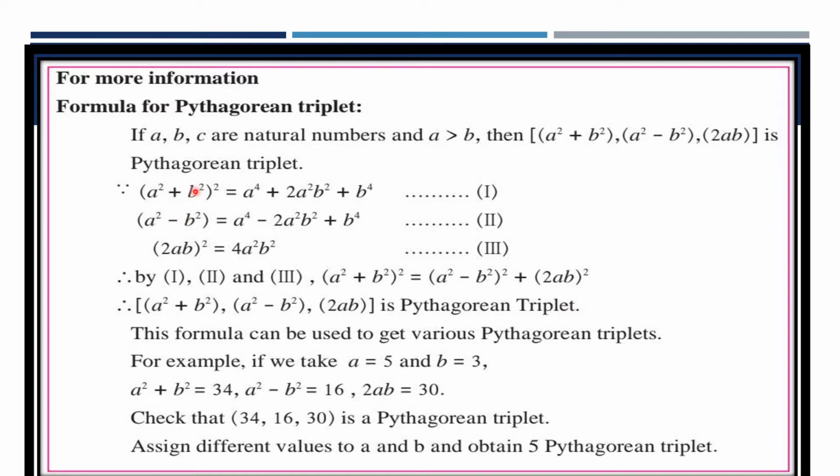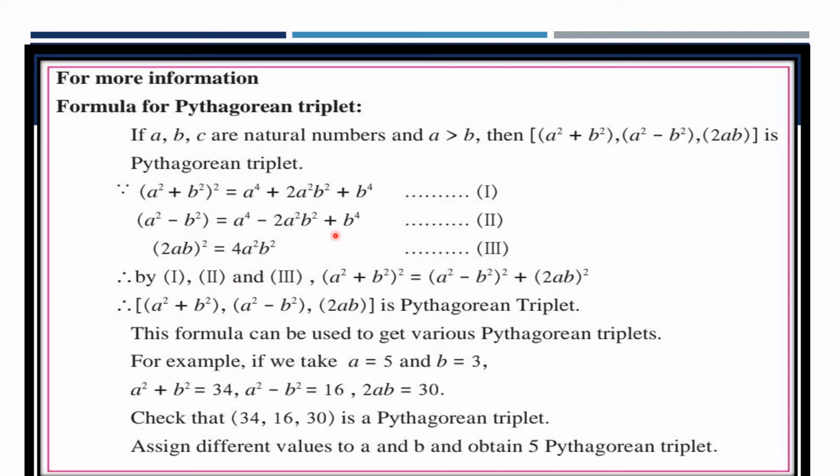Okay. Now see here, (a square plus b square) bracket square is equal to a raised to 4 plus 2a square b square plus b raised to 4. This is the expansion of this bracket. Now here (a square minus b square) bracket square is equal to again a raised to 4 minus 2a square b square plus b raised to 4, and (2ab) bracket square is equal to 4a square b square.